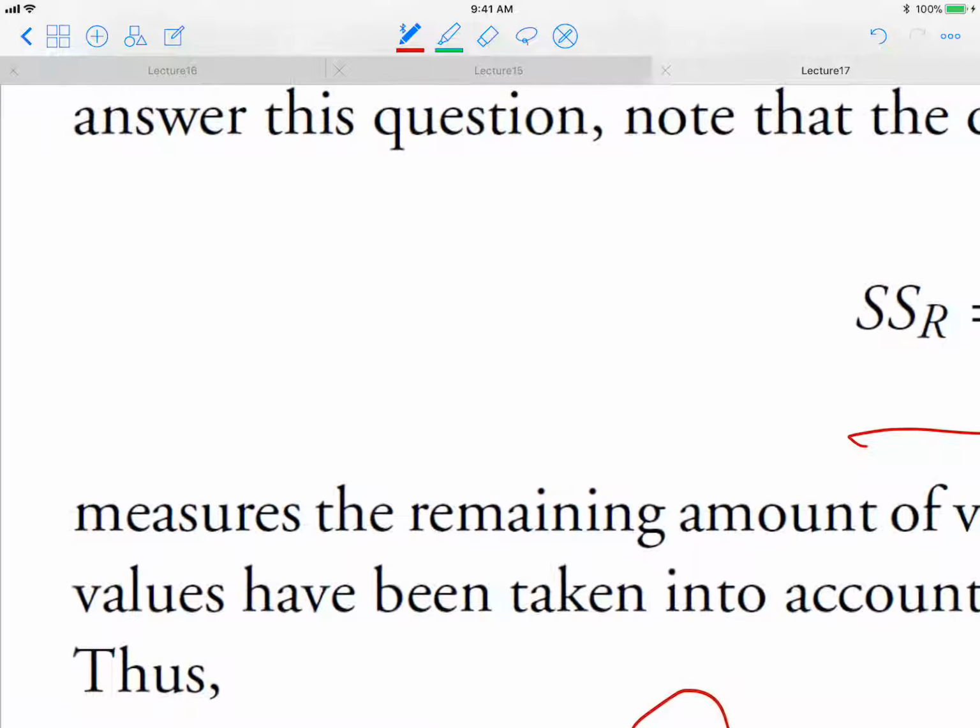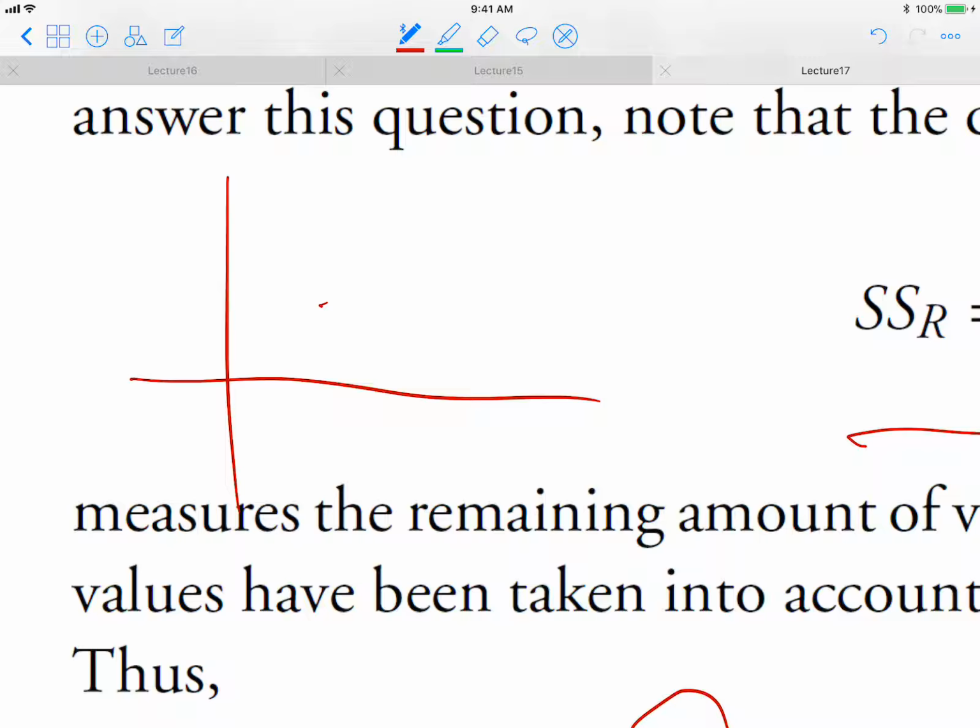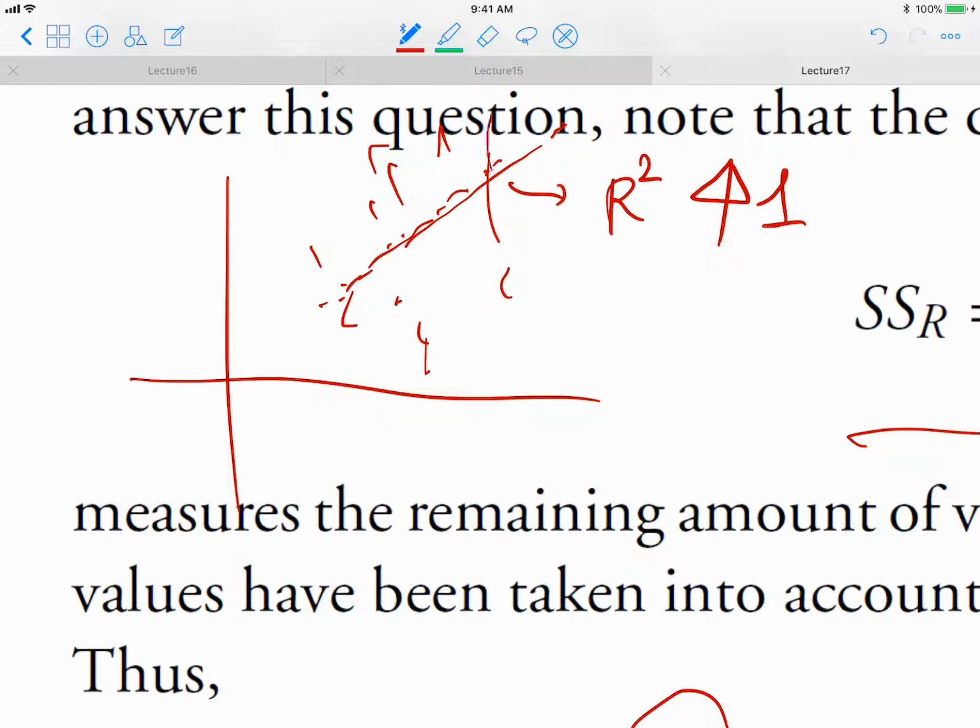Intuitively, if your data really follows this straight line, in this case R squared will be close to 1, which is almost a perfect case. But if your data has no clear linear trend, in that case R squared will be close to 0.